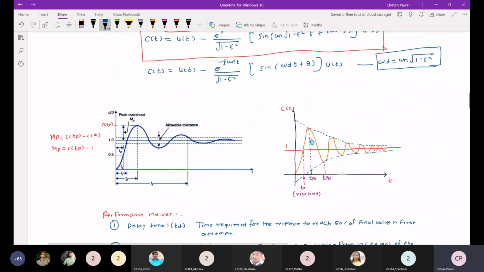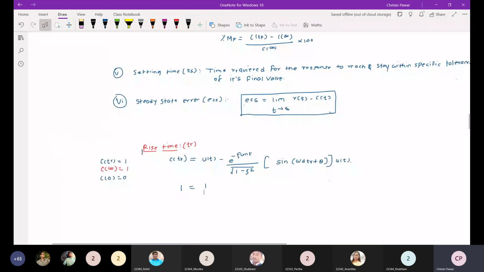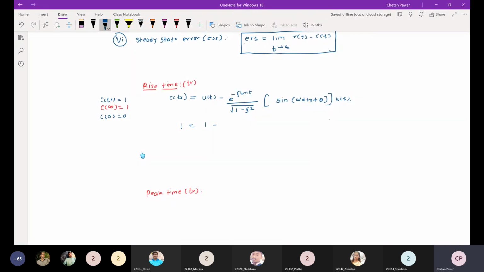So at TR this response value is 1, and the unit step value is also 1.